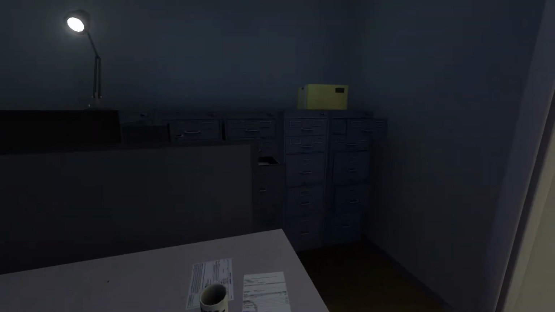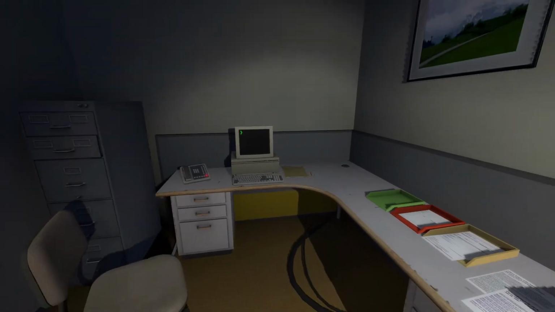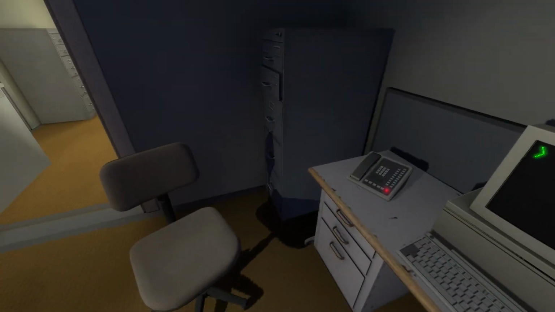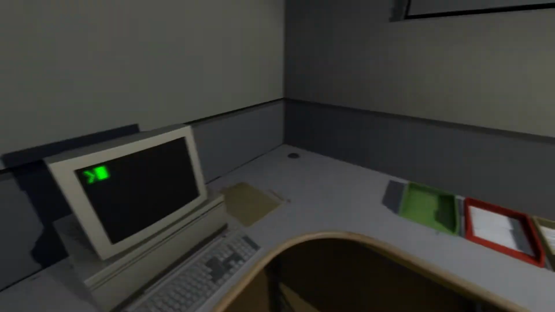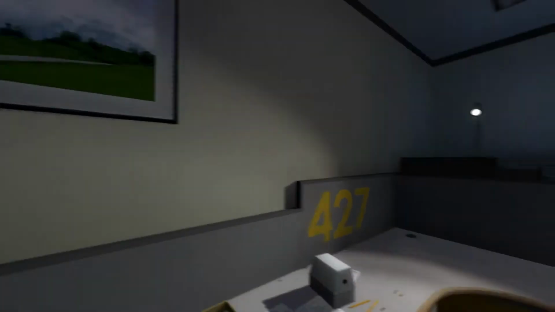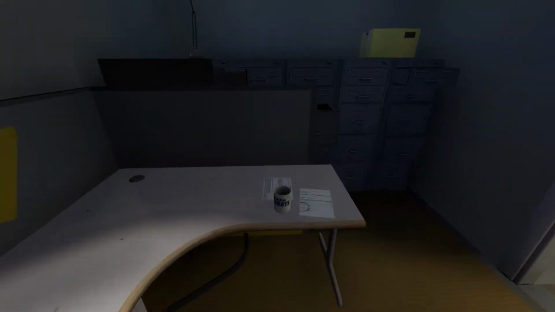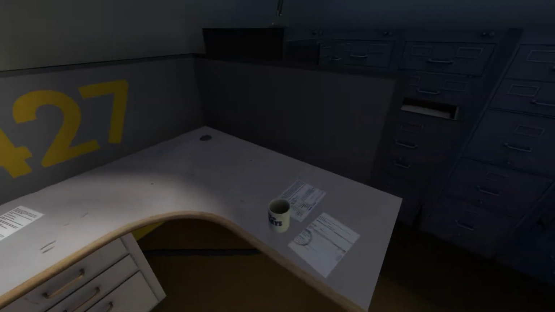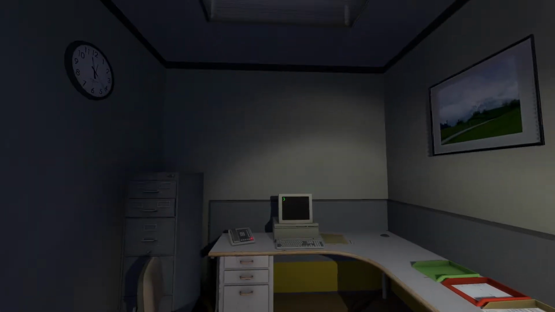So, why don't we just wait in here? Stanley got up and looked for his coworkers. Nah, Stanley just sat here and clicked buttons. Am I gonna get a response from that? Anything?